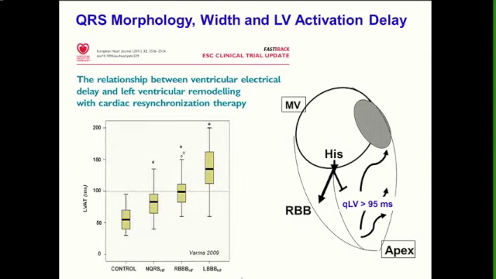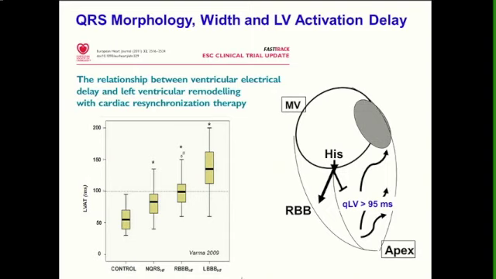Well, when you look at LV activation times, according to QRS duration, on the left, you see normal patients. Nobody has an LV activation time in excess of 100 milliseconds. If you look on the right, patients with left bundle branch block, almost all of them have an activation time of more than 100 milliseconds. But if you look at right bundle branch block, that's the third box there, it's split half and half.